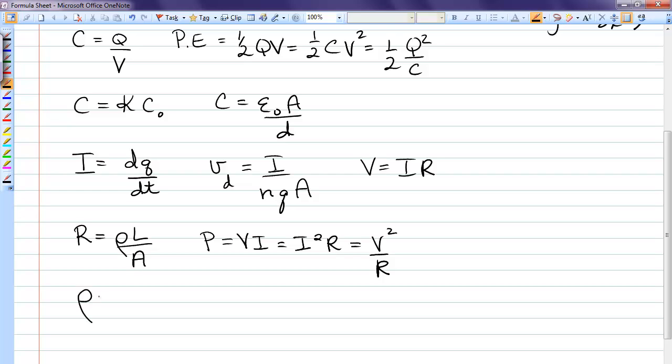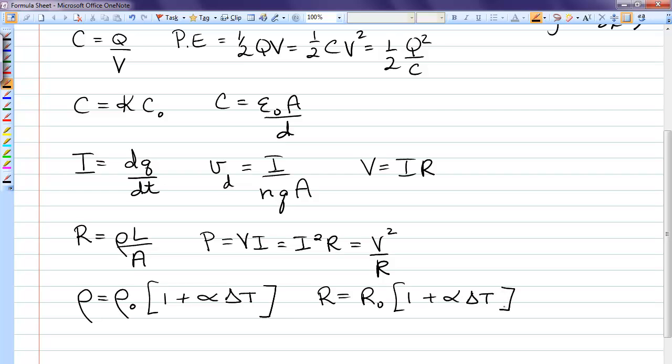So resistivity at the hot temperature would be resistivity at the cold temperature times 1 plus the temperature coefficient of resistivity times the difference in temperature, T hot minus T cold. Now, assuming that the length and cross-sectional area don't change as the temperature changes, it means that resistance also has the same relationship as resistivity as temperature goes up or down.